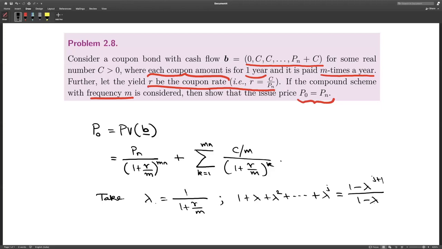So if you take 1 by (1 plus R by M) as lambda, you can see that these can all be written as the sum over K equal to 1 of C by M lambda plus C by M lambda square, like that it goes, plus C by M lambda to the power of MN.